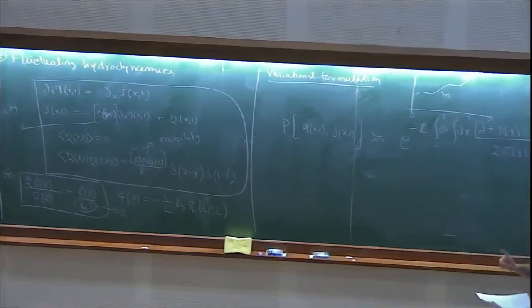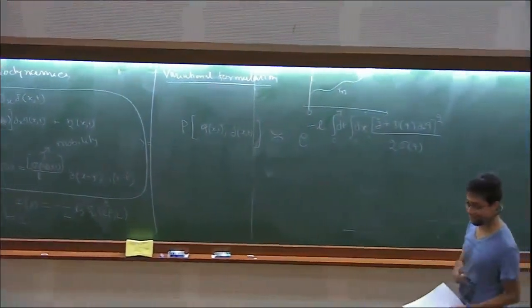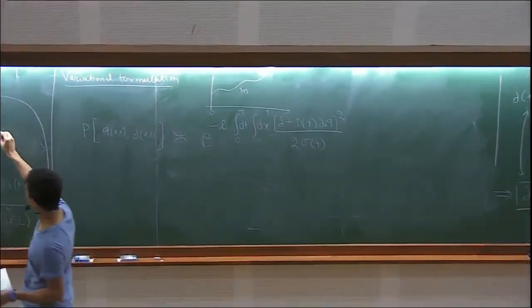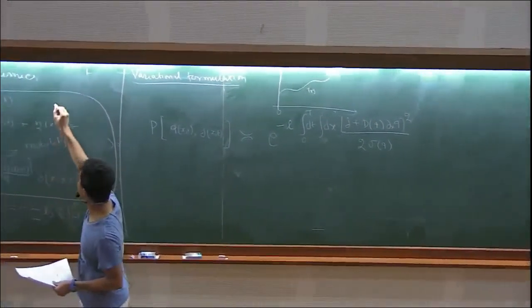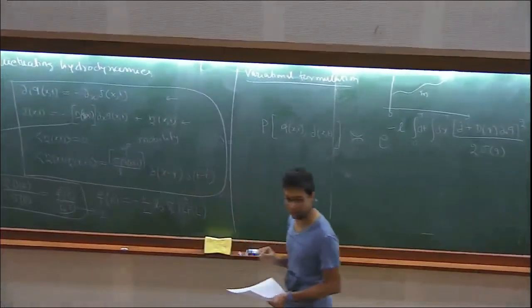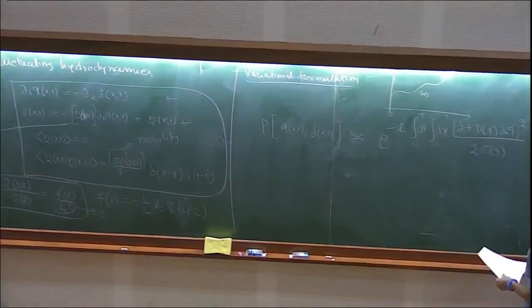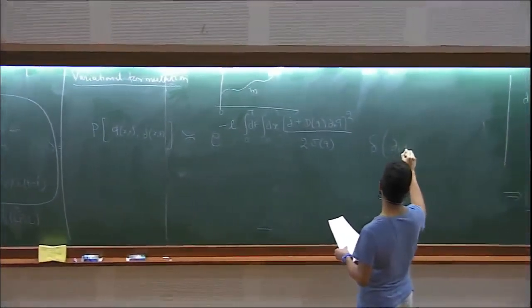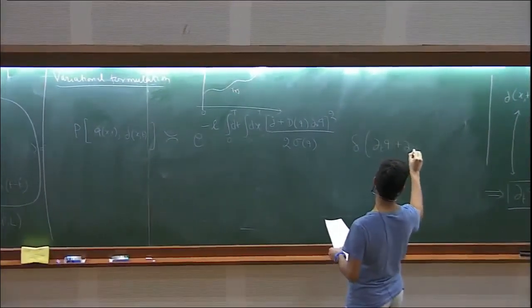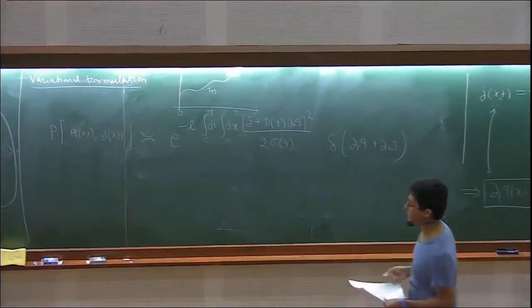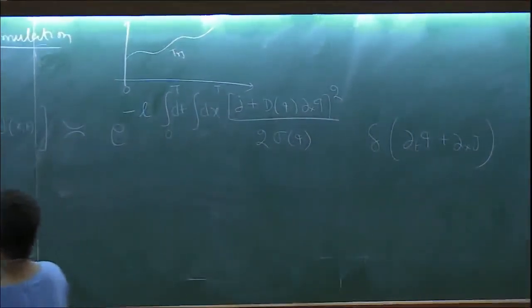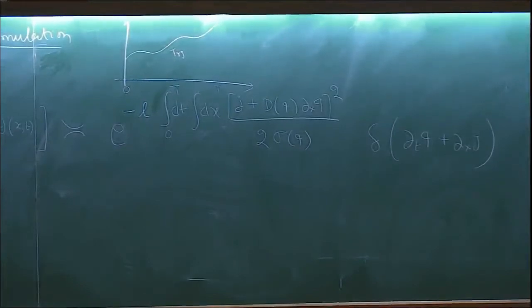True, you're absolutely right. In addition, there is another condition. This part came simply from this equation. I have this part also to take care of. For that, I'll just write them as dq plus del x of j, the delta function. Good. So now, let's say I want to write down the problem.